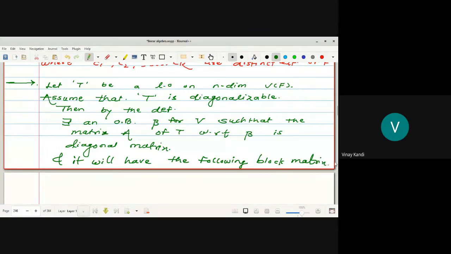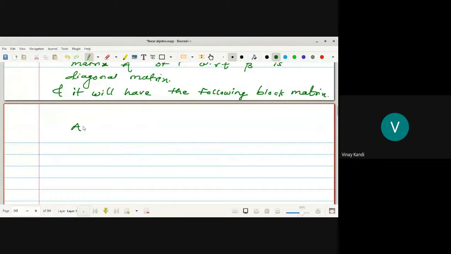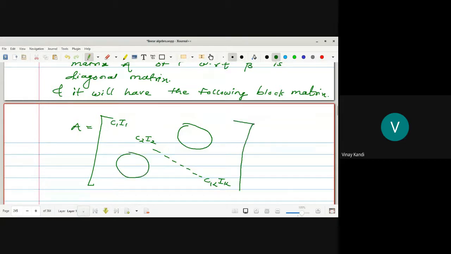Suppose this one is A, the matrix of T with respect to beta. So this is c1 I1, the second is c2 I2, and up to ck Ik. All the other entries are 0. Is it correct? This is a matrix of order n cross n.